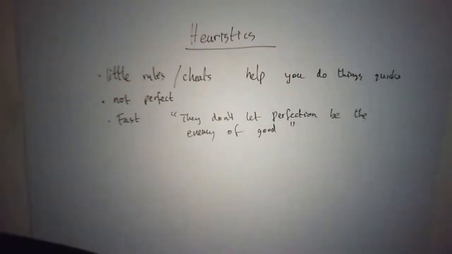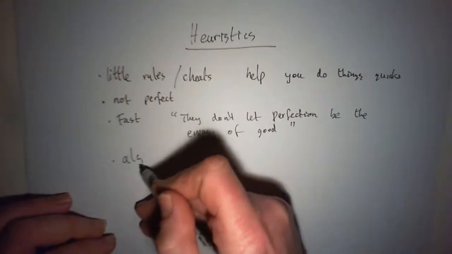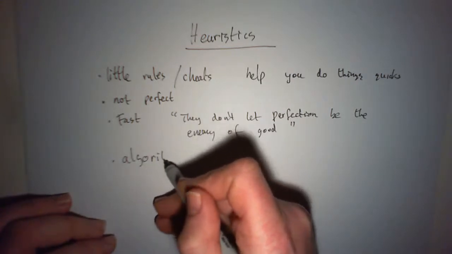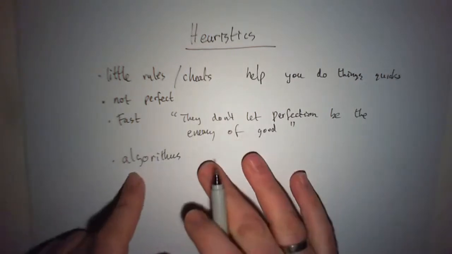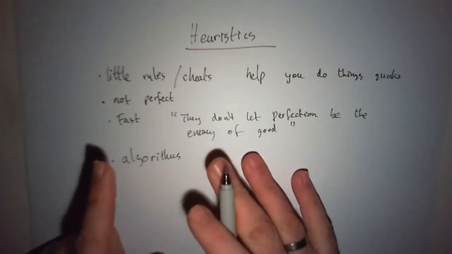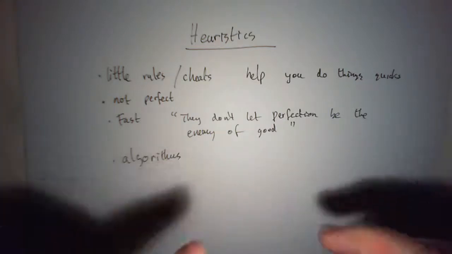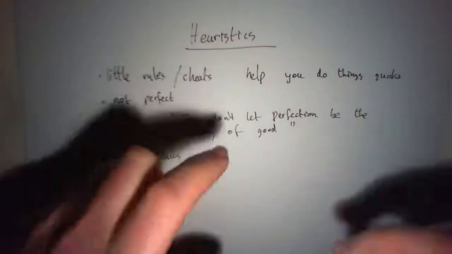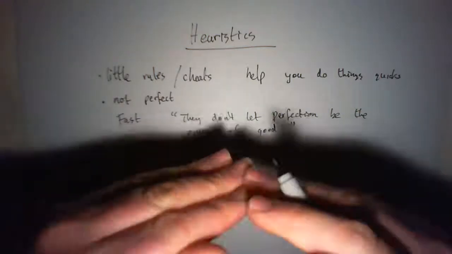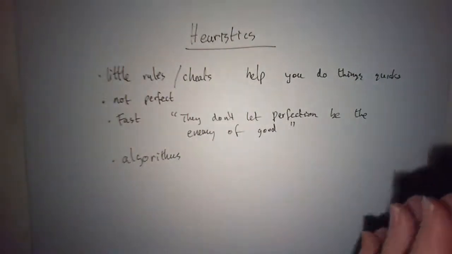Okay, so first of all, we use algorithms all the time, okay? And we know what an algorithm is at this stage. A list of steps, which if you put in an input and follow exactly what is said, will transform into a desired output.